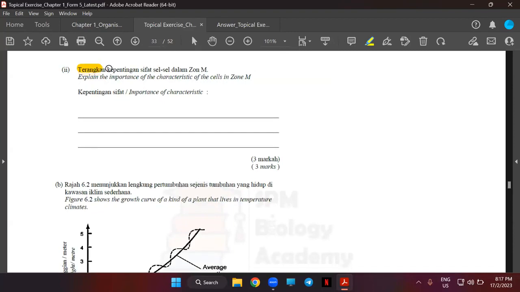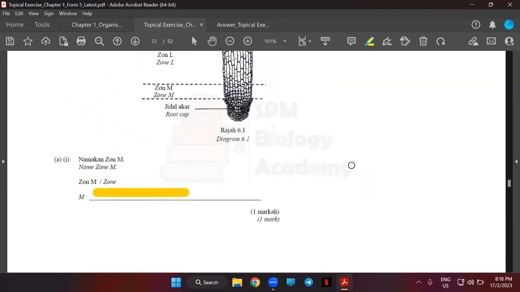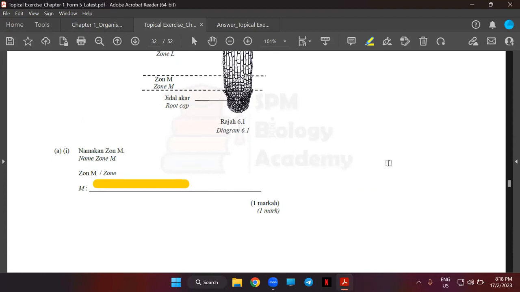Terangkan kepentingan sifat sel-sel dalam zone M. Explain the importance of the characteristic of the cells in zone M. 3 markah, 3 marks. So, okay, sel-sel dalam zone M. What is zone M tadi? Zone M ialah a zone of cell division, zone pembahagian sel.